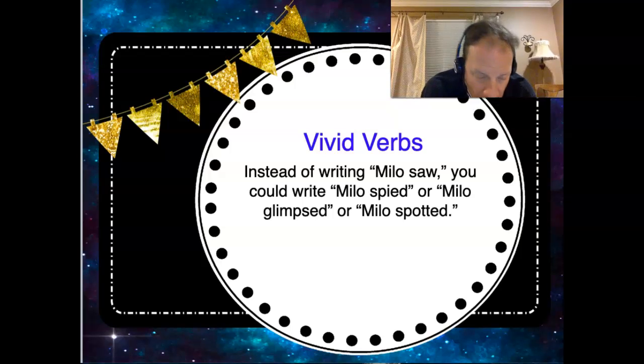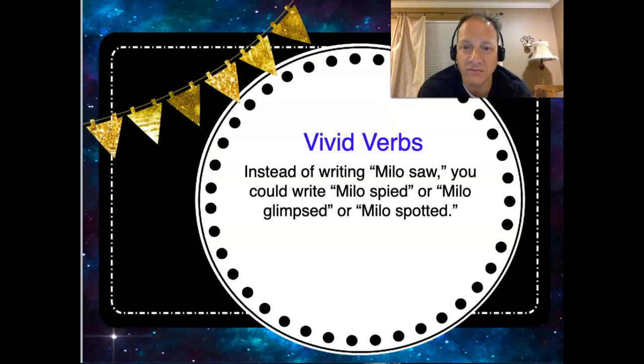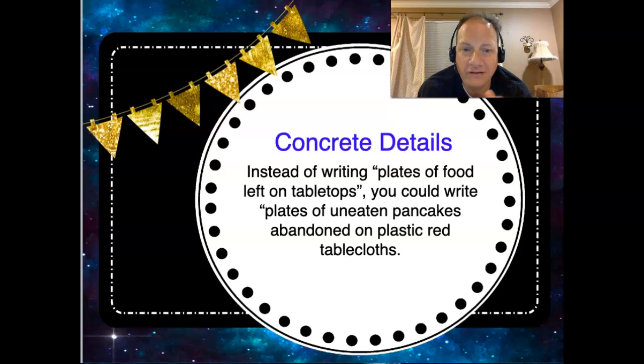Those words are a little bit more vivid. They're more exciting than the word saw. It's got a little action to it. For concrete details, instead of writing plates of food left on tabletops, you could write plates of uneaten pancakes abandoned on plastic red tablecloths.